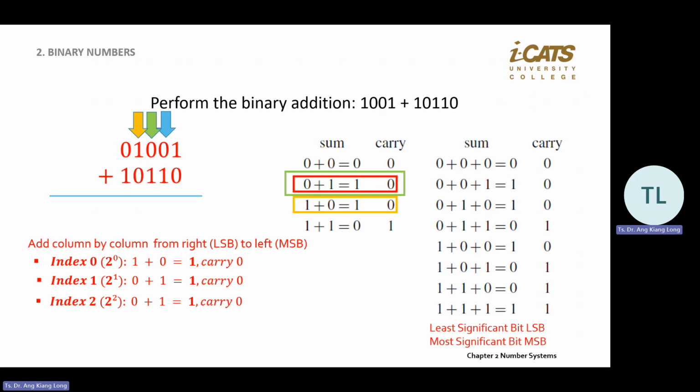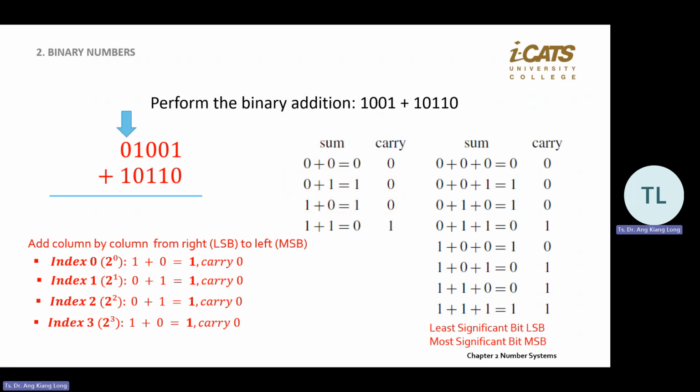You look at here. 1 plus 0, carry 0. So you write index 3, 2 power 3, 1 plus 0, carry 0. Then the fifth number, 1 plus 0. You look into the table. You write here index 4, 2 power 4, 1 plus 0 is 1, carry 0.